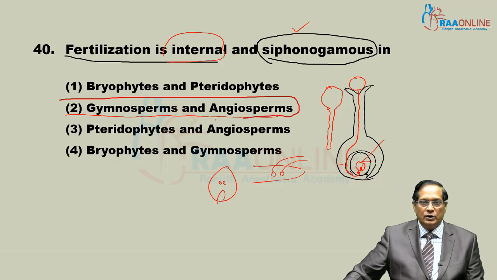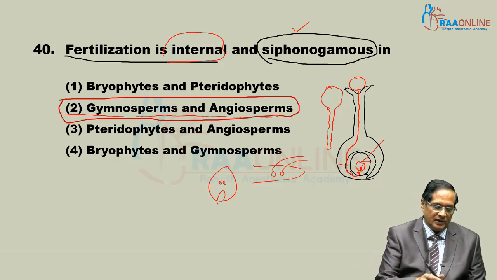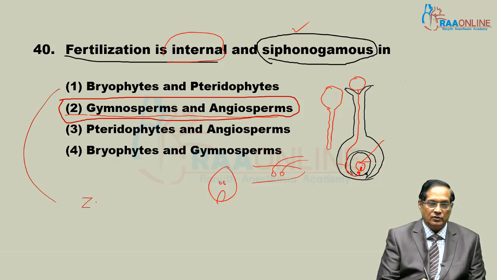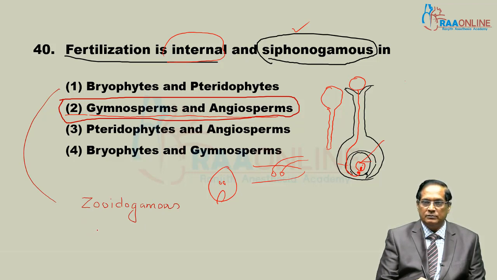In bryophytes and pteridophytes, the fertilization is zooidogamous. Male gametes are motile. They reach the neck of the archegonium themselves.